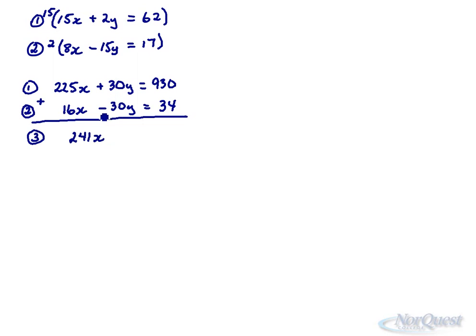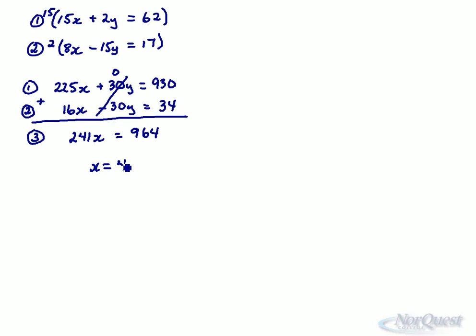Positive 30 and negative 30, again, eliminates the y. And 930 plus 34 will give me 964. So if you go 964 divided by 241, you end up with x finally equal to 4.